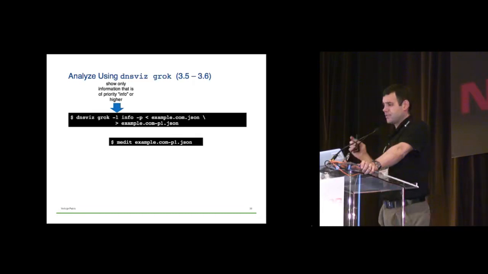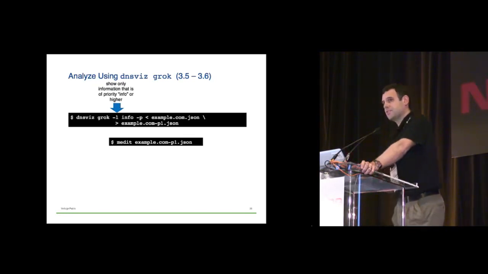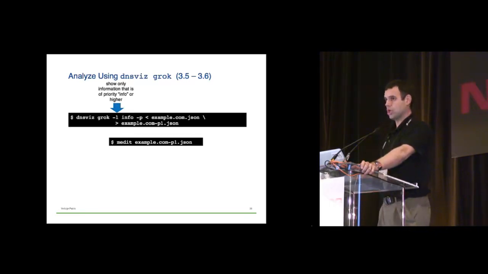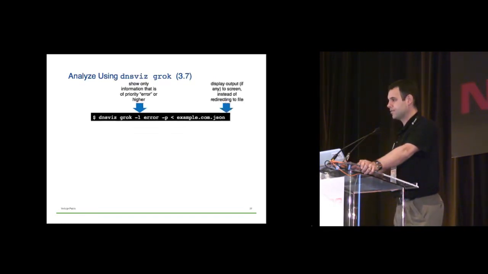In this case, we use the -L for log level info, and again, we're making it pretty output with -p, and we're going to output it to example.com-p1. You'll see a little bit different response because previously we didn't specify -L info, and it gave you all the information. It was giving you the content of the data and so forth. Go ahead and open that one up and take a look at it.